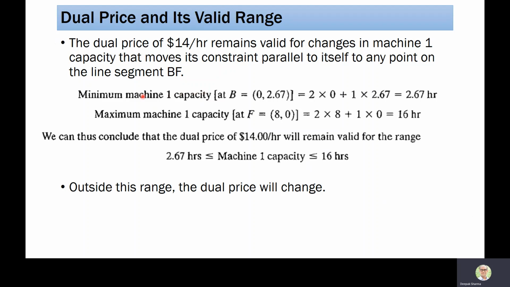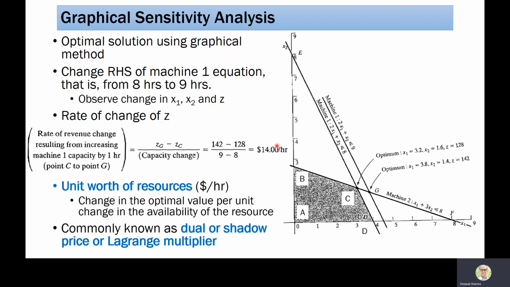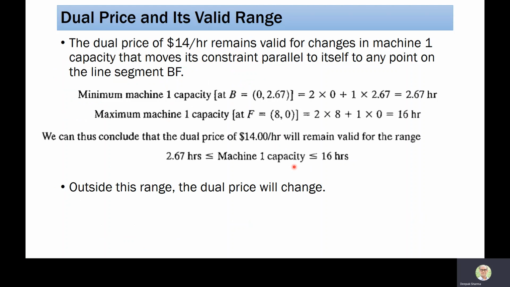How can we find this? Let us identify the minimum capacity of machine 1 at point B. We put the coordinates of B into the constraint 1 equation, and we get 2.67. Similarly, we can find the maximum machine 1 capacity at point F, which is 80.